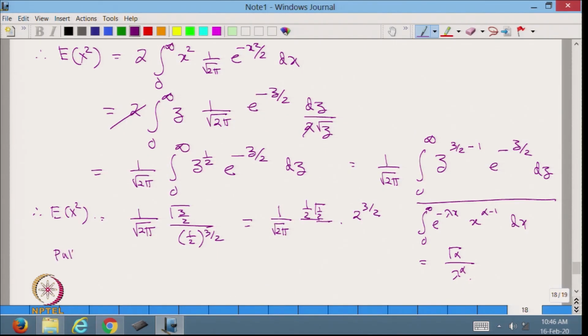Putting gamma half is equal to root pi, we have expectation of x square is equal to 1 over root over 2 root over pi, half root over pi into 2 to the power 3 by 2, which is equal to, all the terms get cancelled, is equal to 1.